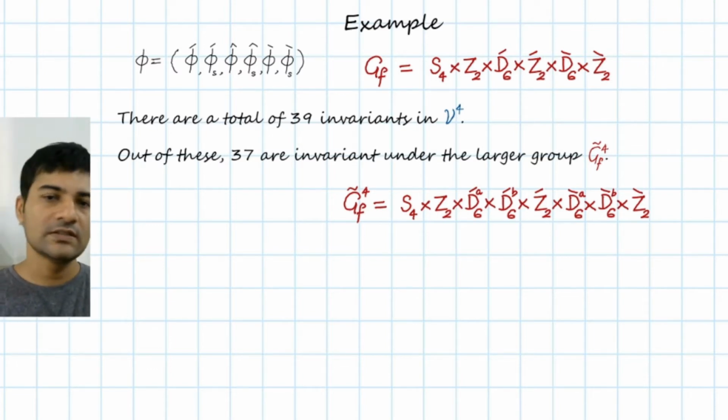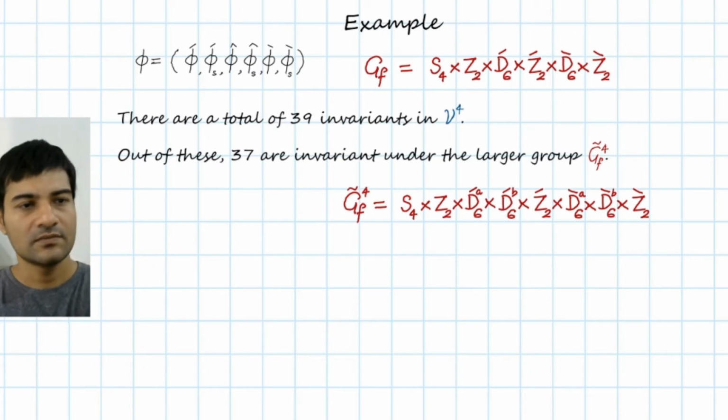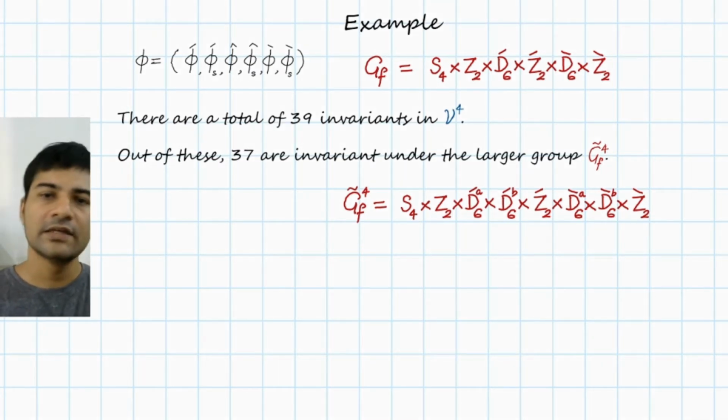And what is this G tilde F4? If you compare it with GF, you see that instead of acute D6, I have two dihedral groups, acute D6A and acute D6B. And instead of grave D6, I have two groups here, grave D6A and grave D6B.